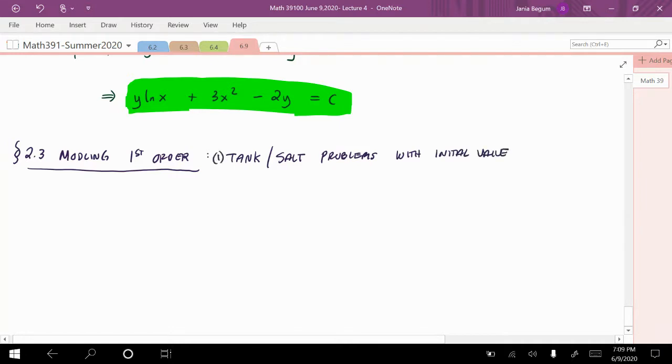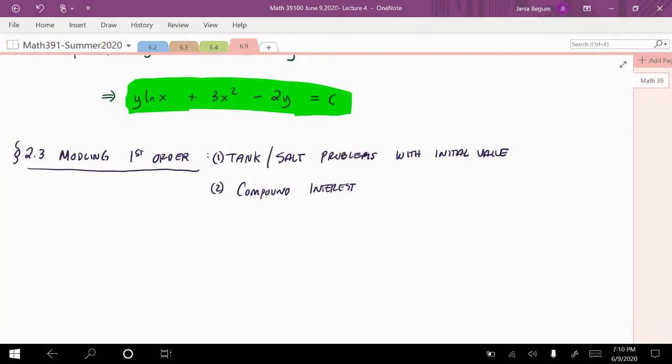So that's one type of application. And then the second type of application we're going to do is going to be compound interest. So these are the two types of scenario that we're going to work with.